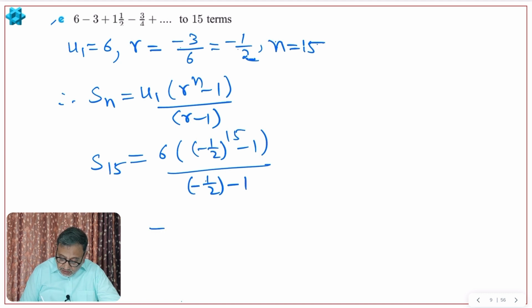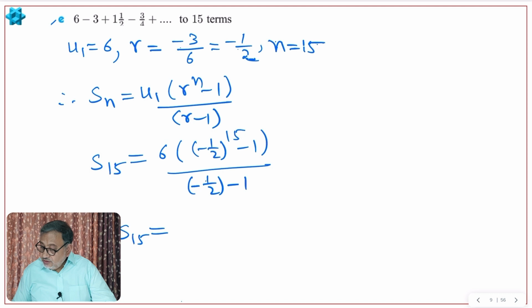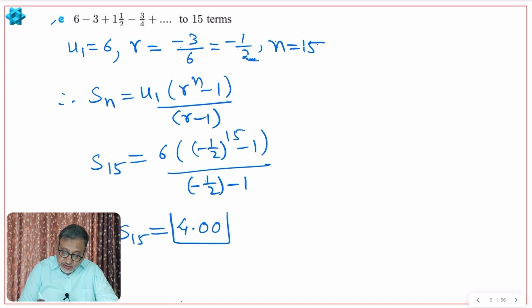So S15 I will put in the calculator. 6 into bracket, again another bracket, negative half to the power 15 minus 1, close the bracket, divided by another bracket, negative half, negative 1. So 4.00, right, because 3 significant figures we have to write, so 4.00 is the answer.